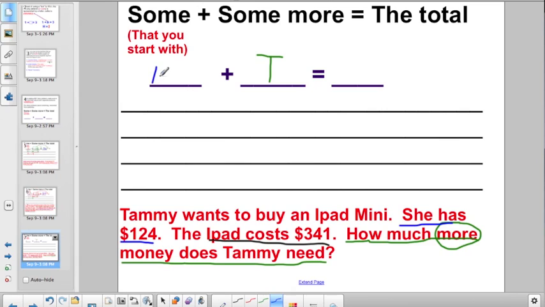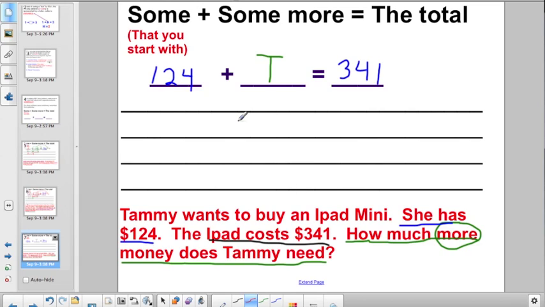I think that sounds like some of the money that she's starting with. Then it says the iPad costs $341. That's the total cost of the iPad, right? So there's my equation: 124 plus T equals 341.